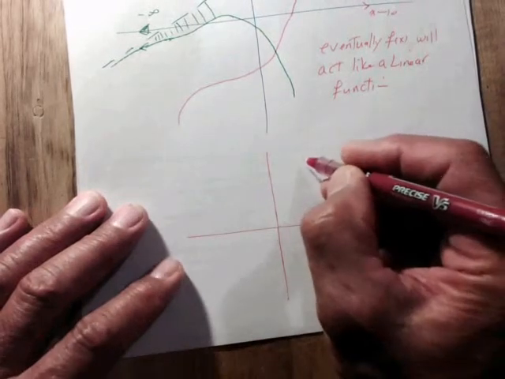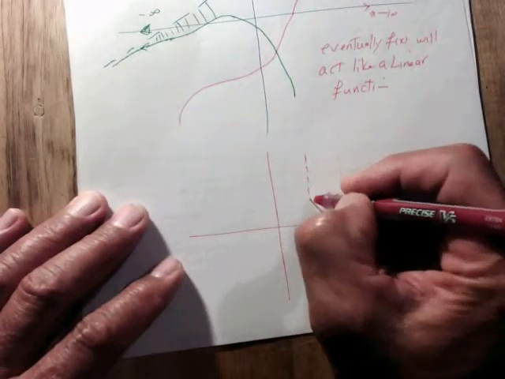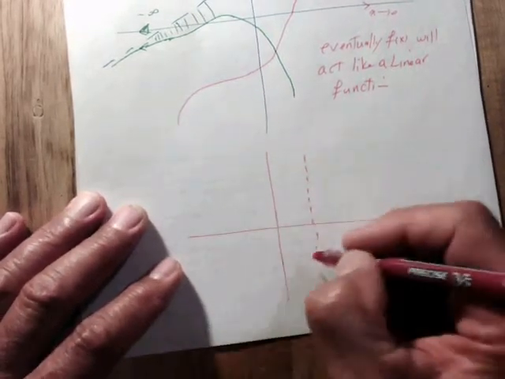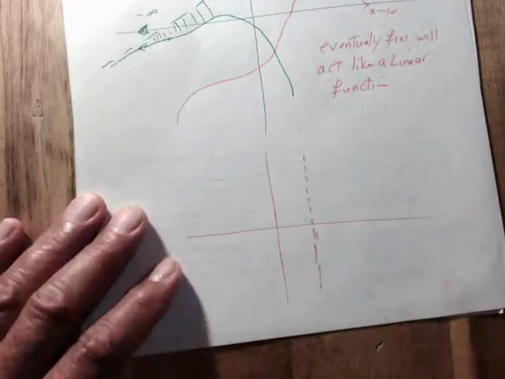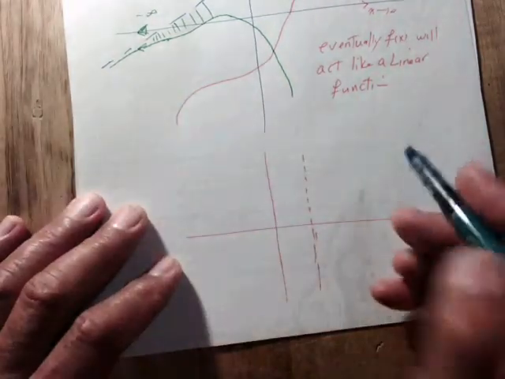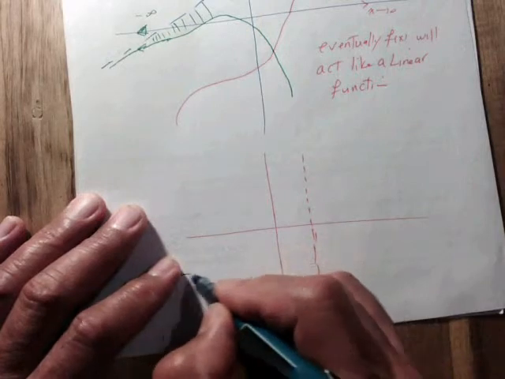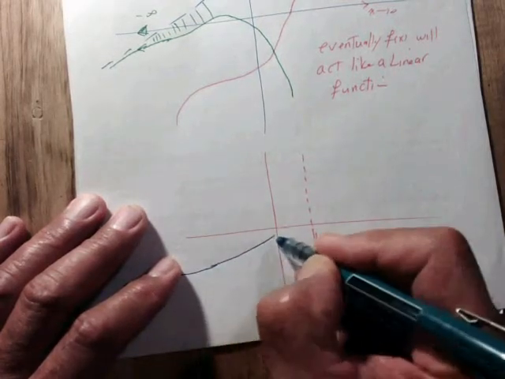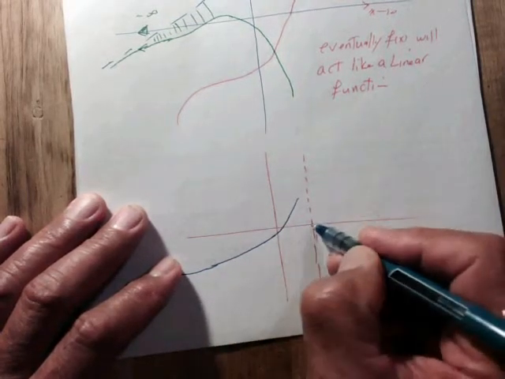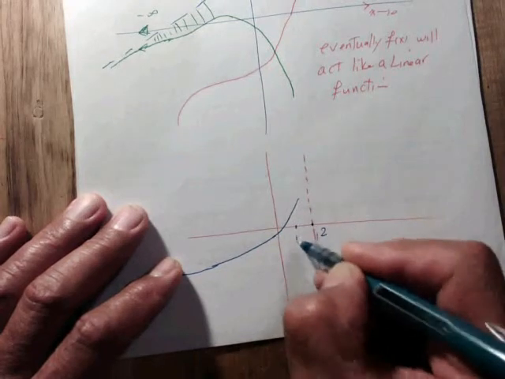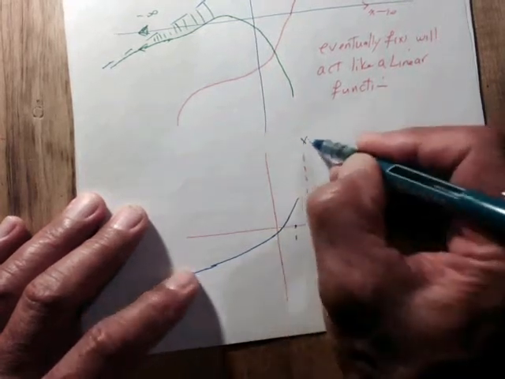If I have, let's say, a vertical line like this, and then my function, let's say, the graph is like this. Let's say this point is 2. This is the line x equal to 2.